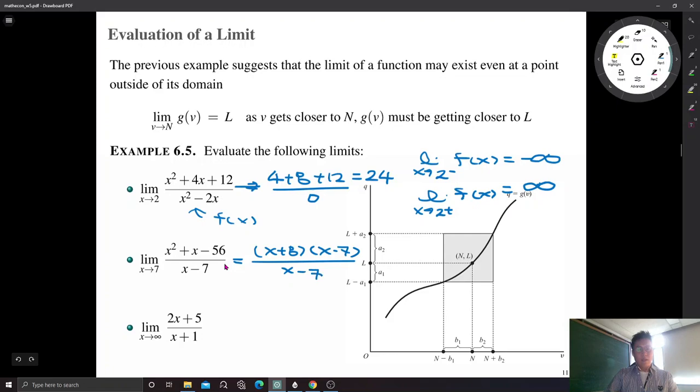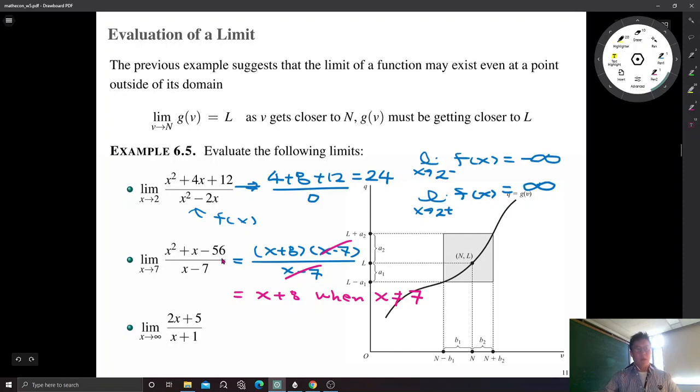So before taking the limit, we can cancel out these two, x minus 7. So the function is equal to x plus 8 whenever x is not equal to 7.